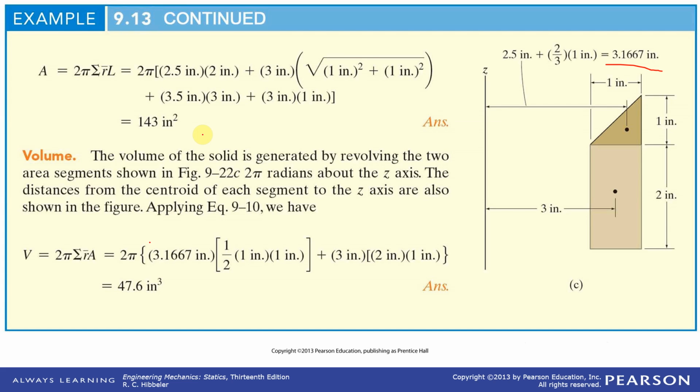Did they do the volume? There's the volume calculation right down at the bottom. 2 pi times that 3.1667 inches times the area. So the centroid times the area of the triangle. And now we have the centroid times the area of the square. Just add them up and we get total volume and total area.